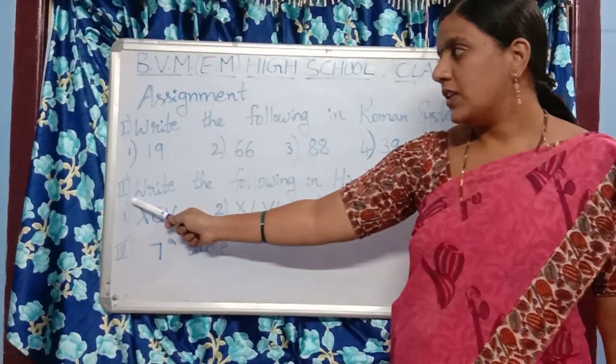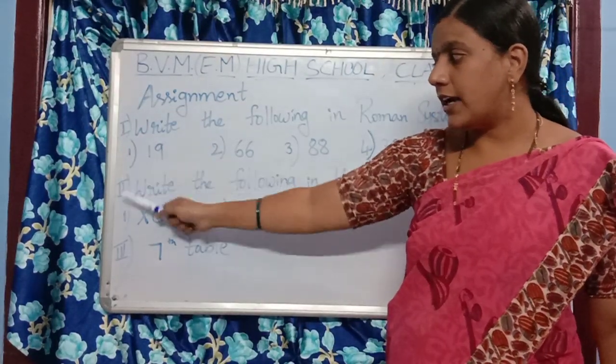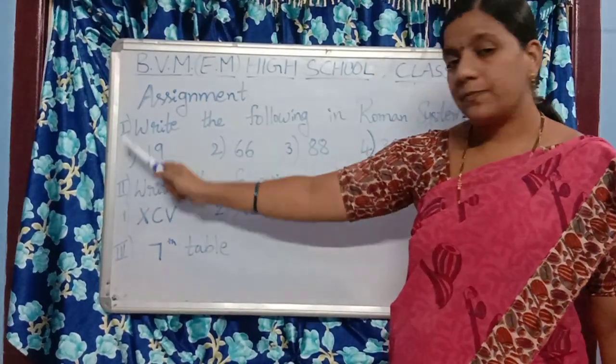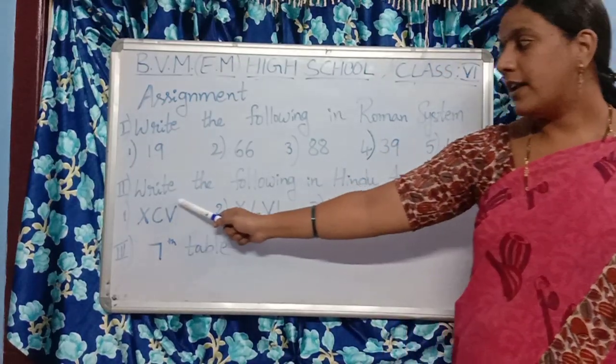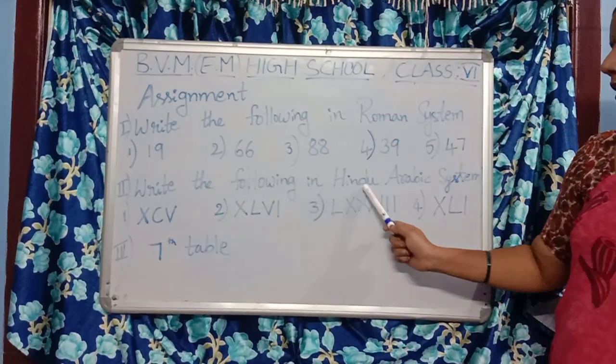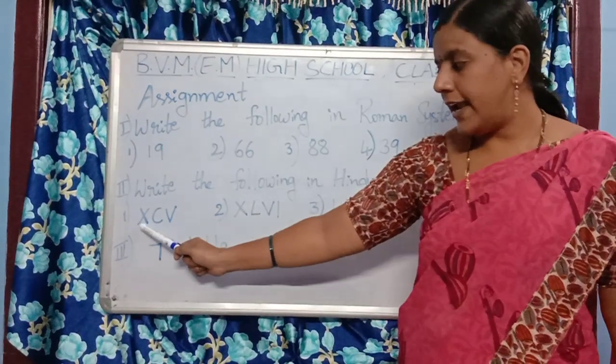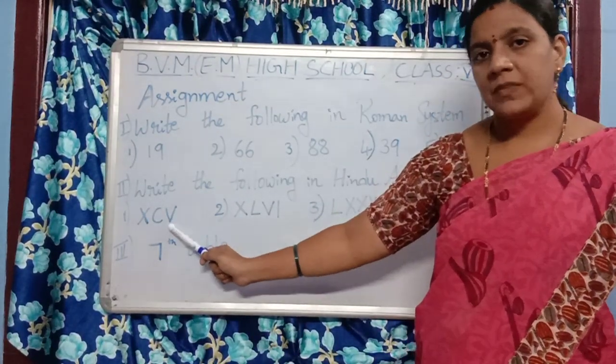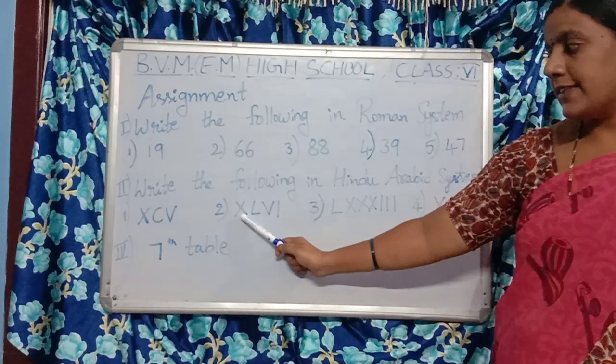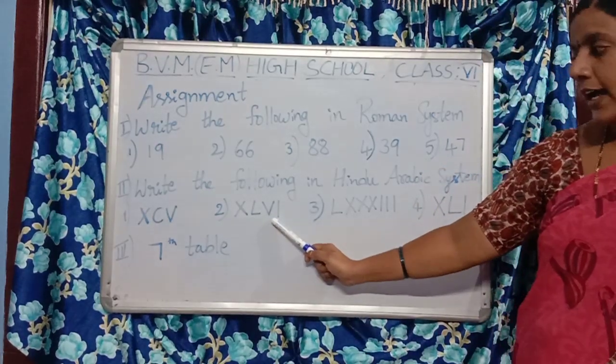And the second one, look here, I have used Roman numerals. Write the following in the Hindu-Arabic system. First one, XCV. Second one, XLVI.